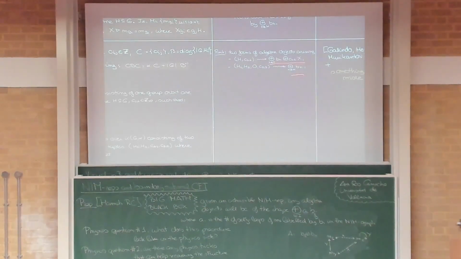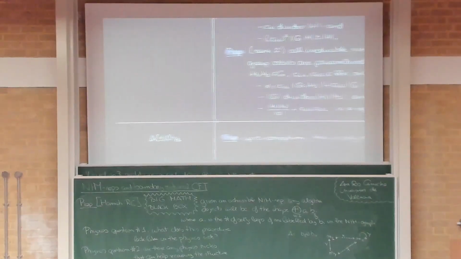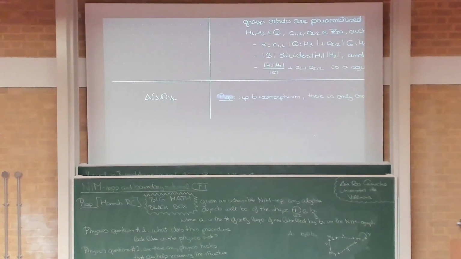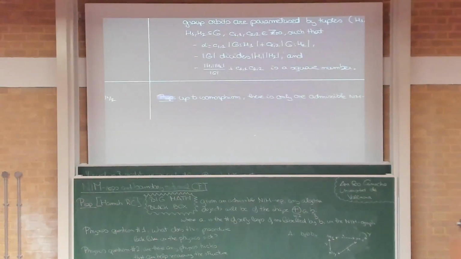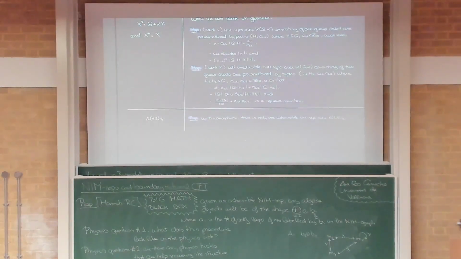Sounds familiar for Ising. And then in the case of one quantum group, this one, A1 at level 1/2, we exactly found, I mean, that was something I really liked. We managed to prove that up to isomorphism of NIM graphs, we only had one admissible NIM-rep, and that corresponded to a theorem I had never understood.